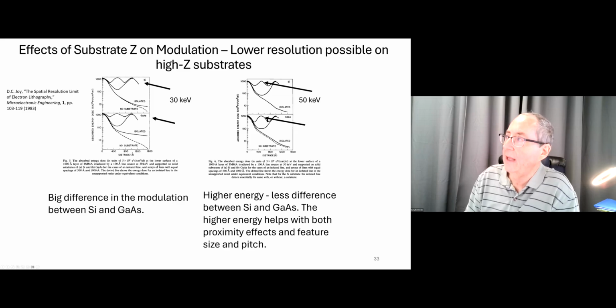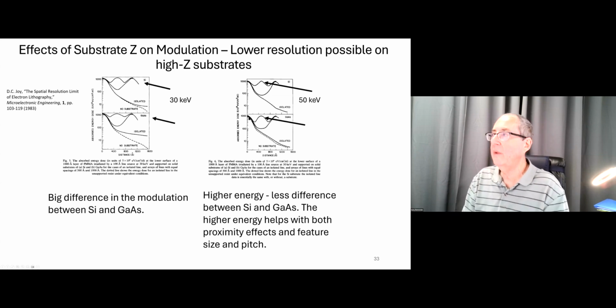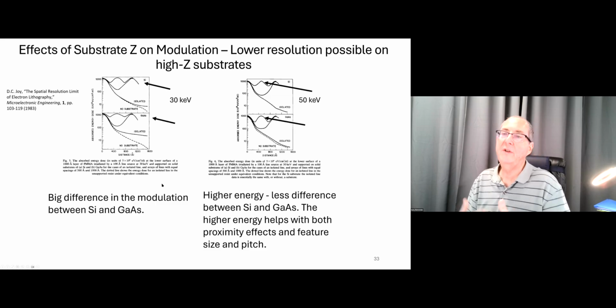So you have a better chance at the high energy of being able to actually separate out in your development these three lines done here at 50 kV versus done here at 30 kV. And of course, your choice of resist and developer and how you do it is really critical in all of this. Okay, that is actually my last slide.